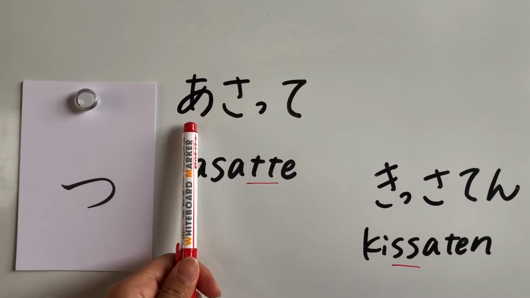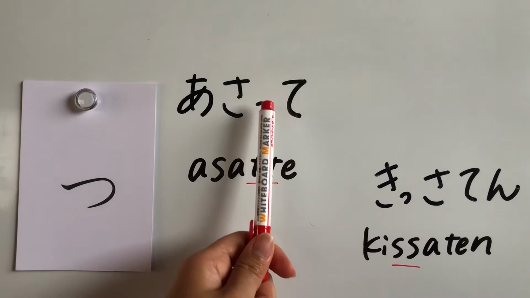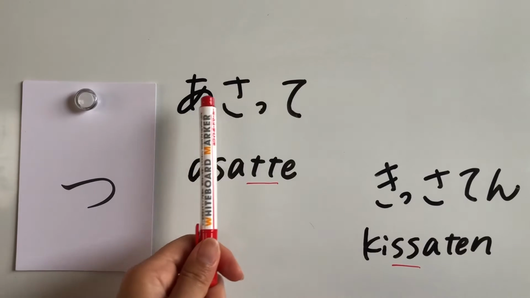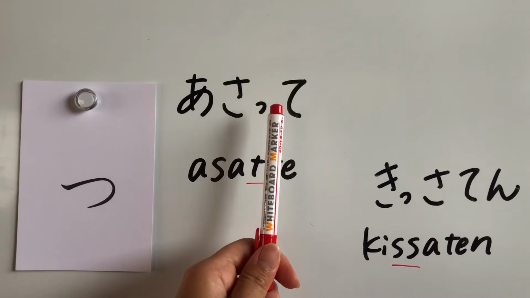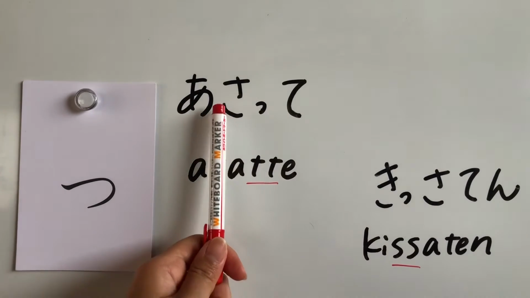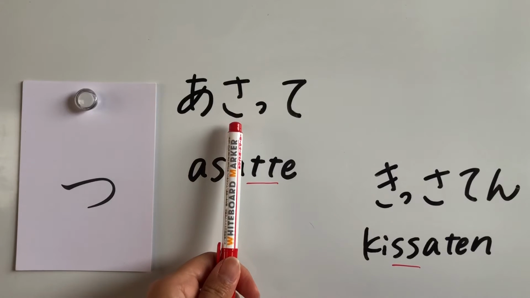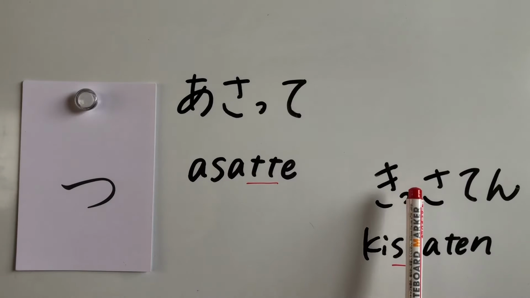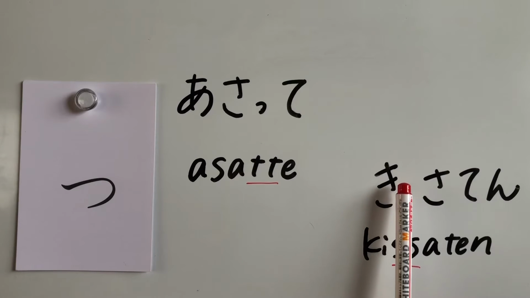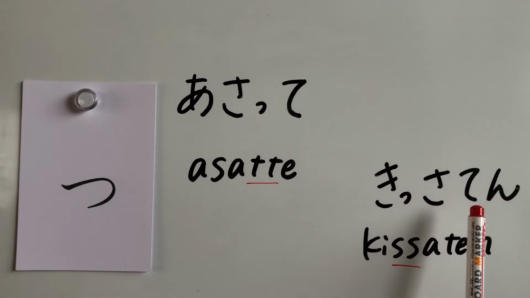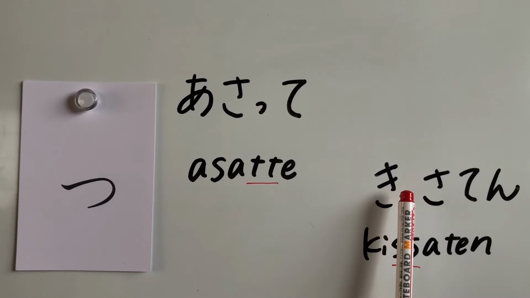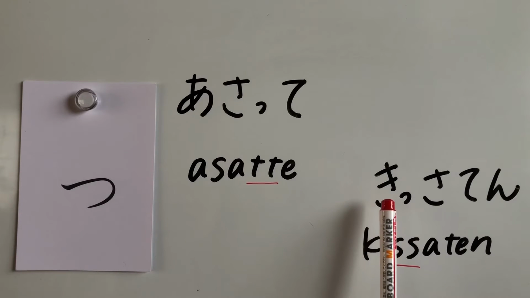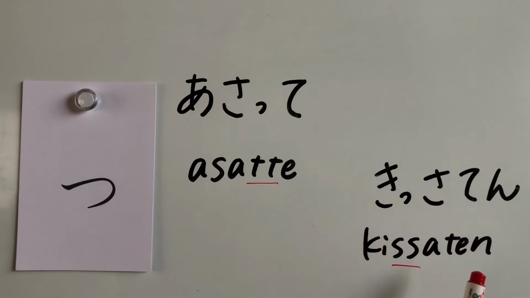So instead of saying a, sa, te without small tsu, we say asatte. So you feel some stress on this letter, right? And here as well, if I don't say the small tsu, that's gonna be ki-sa-ten, kisaten, yeah? But if I put this tsu, you'll hear the stress on this letter, and then that's gonna be kissaten.